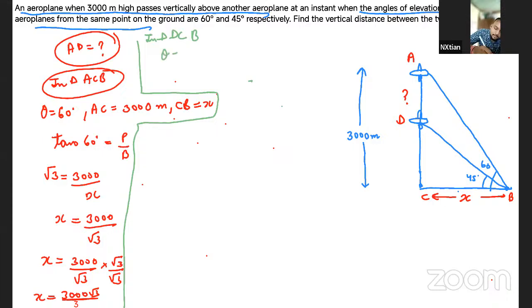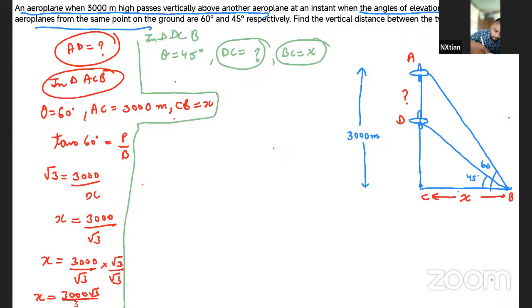So theta is what? 45 degrees. And BC, which is the base, is X. Understood, guys? Yes or no?